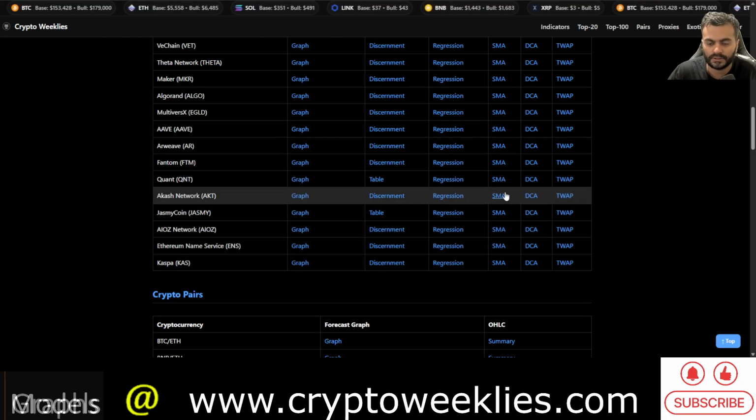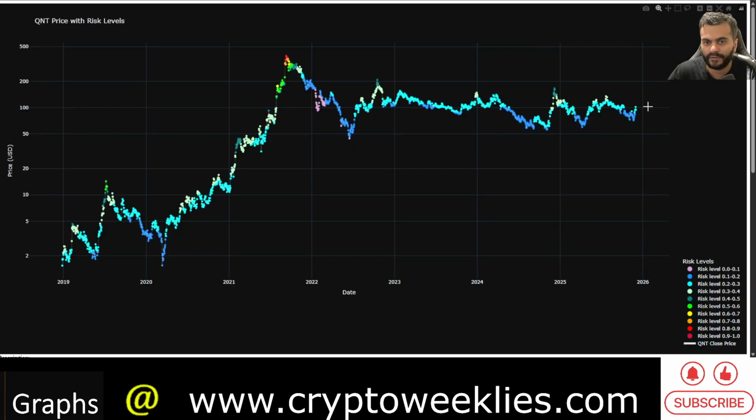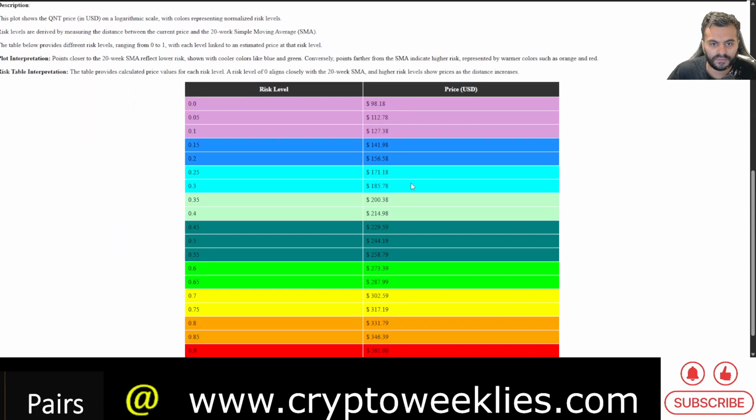Last but not the least is the 20-week simple moving average price risk. It is kind of elevated right now at 0.26. Usually at the end of major rallies, it goes in this green region between 0.5 and 0.6. If it were to do something close to that 0.5 to 0.6 level, the price could have a macro peak level, where 0.5 risk is at around $250.